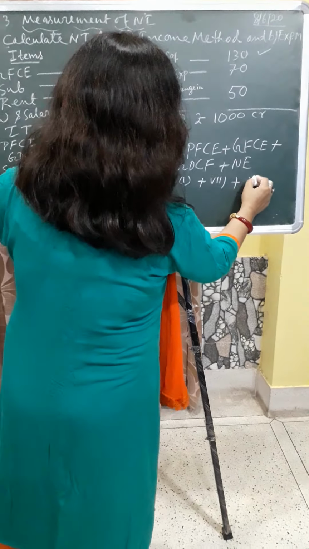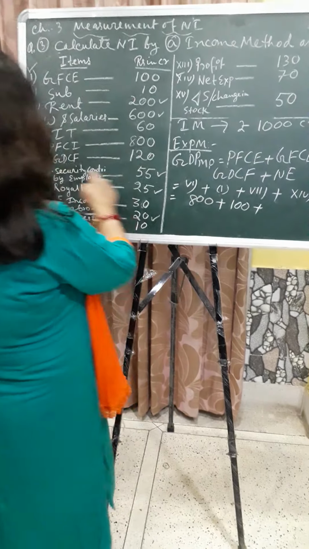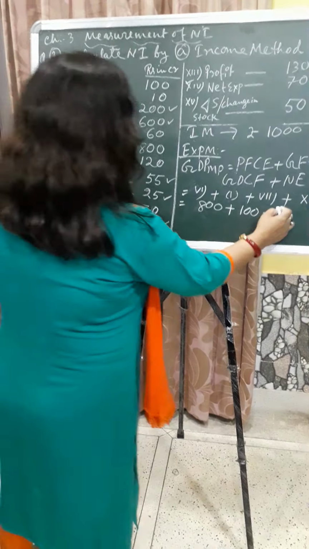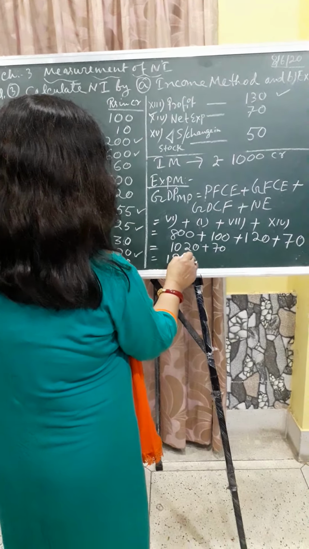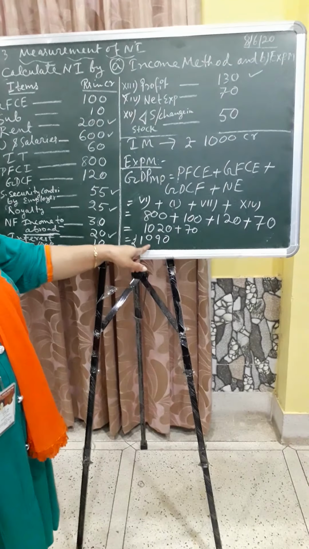So put the values: private final consumption expenditure 800, plus government final consumption expenditure 100, plus gross domestic capital formation 120, plus net export 70. Now calculate. So GDP-MP is 1090.